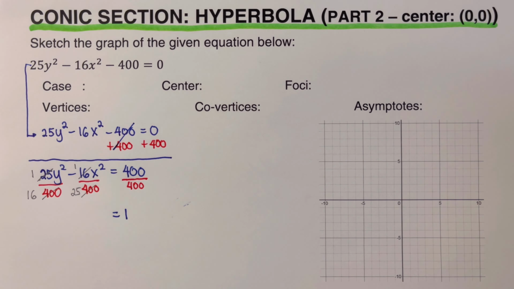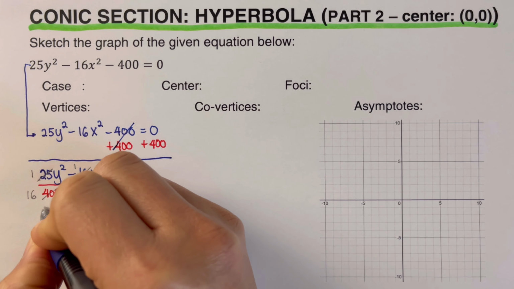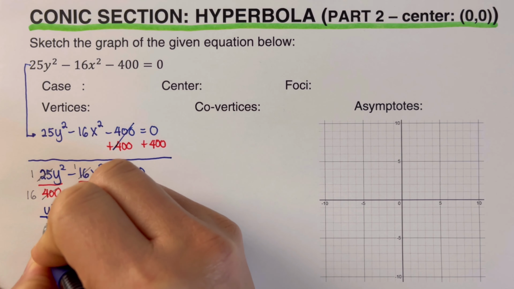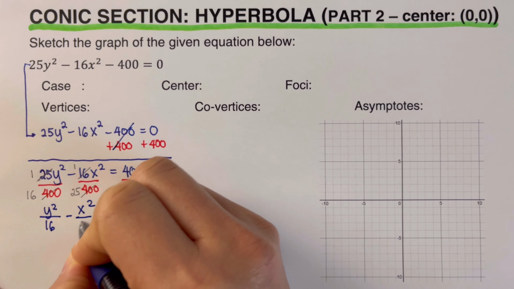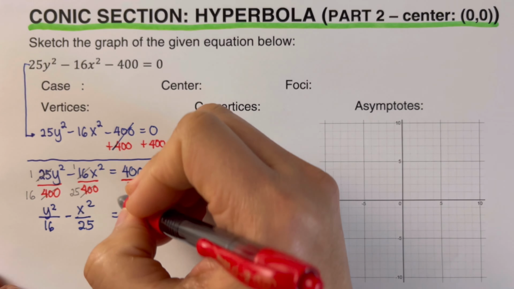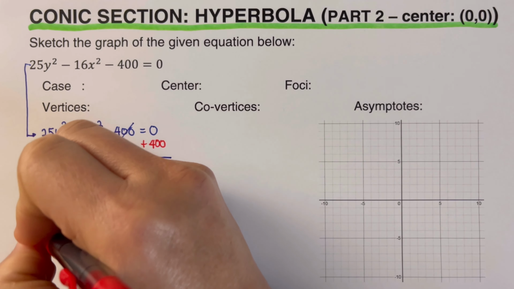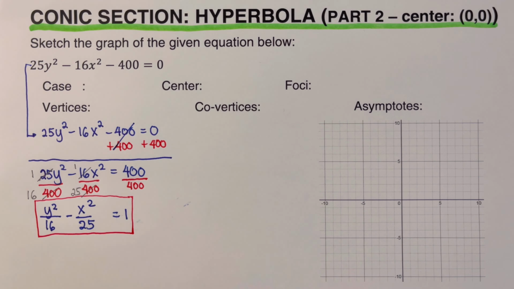So I go ahead and write this down here. That would be y squared over 16 minus x squared over 25. This is the standard form of the general equation of the hyperbola that we have up there.